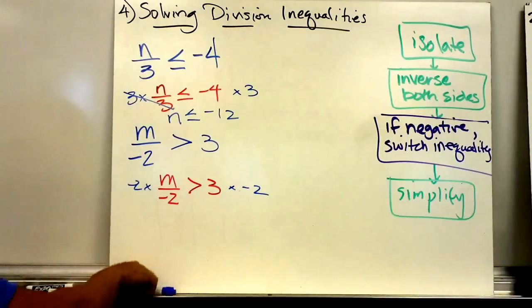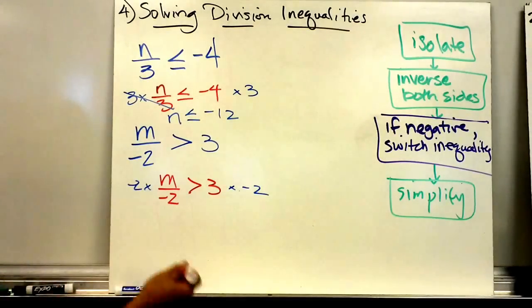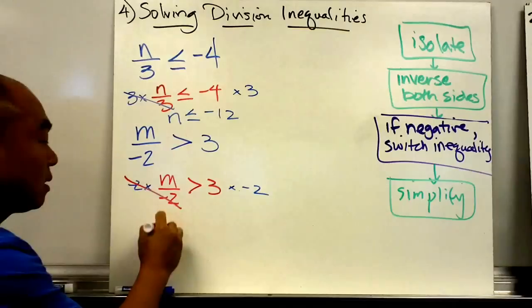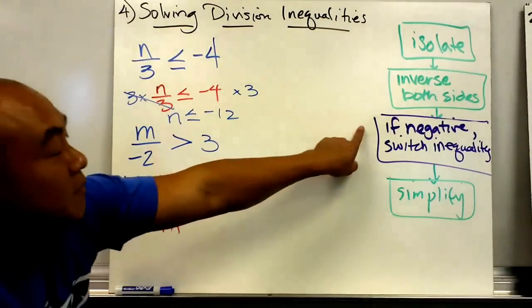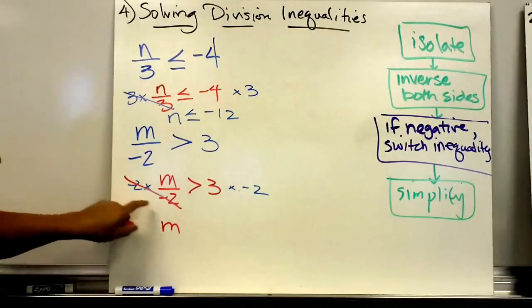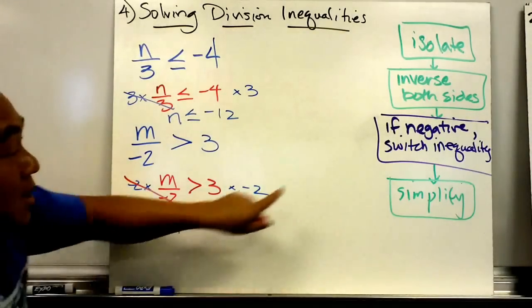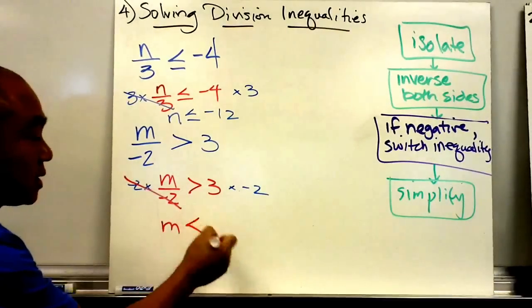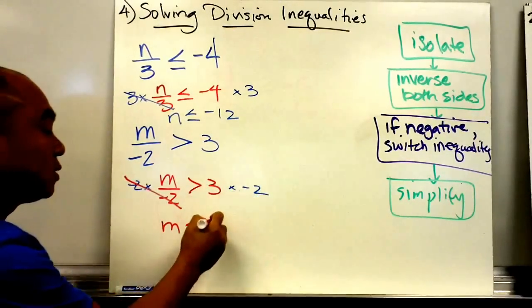Since I did that, this goes away right here and all I'm left with is m. But remember, if the number that I am trying to get the inverse operation for is a negative, I now have to switch this from greater than, it is now less than, and 3 times negative 2 gives me negative 6.